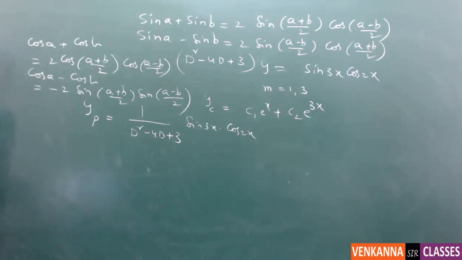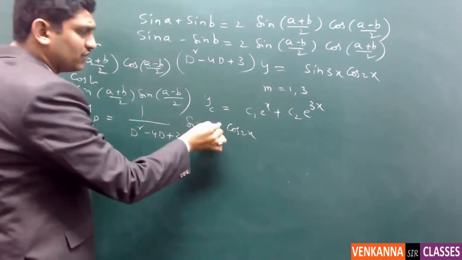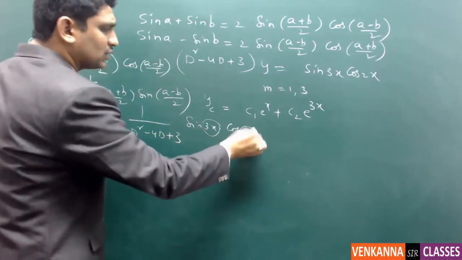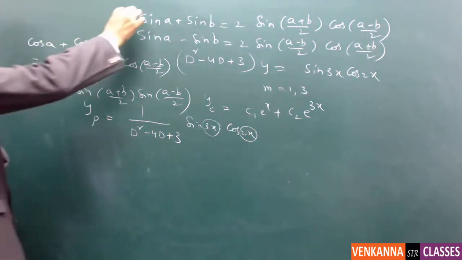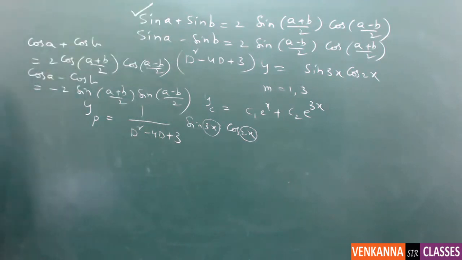So, since here the sine coefficient is big, cos coefficient is small, you are going to pick up the first formula that sin A plus sin B is equal to 2 sin A plus B by 2 cos A minus B by 2. So here you are just taking two numbers that on adding and making it half, we should get sin 3x. Taking the difference and making it half, you should get 2x.